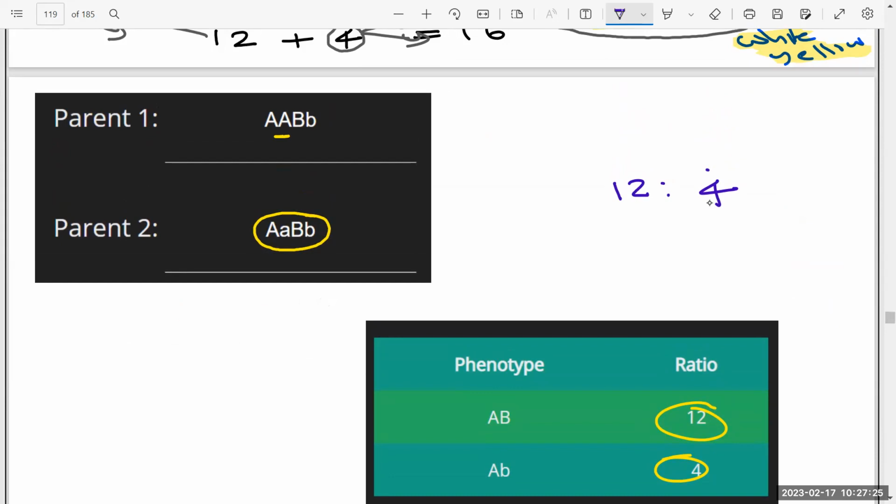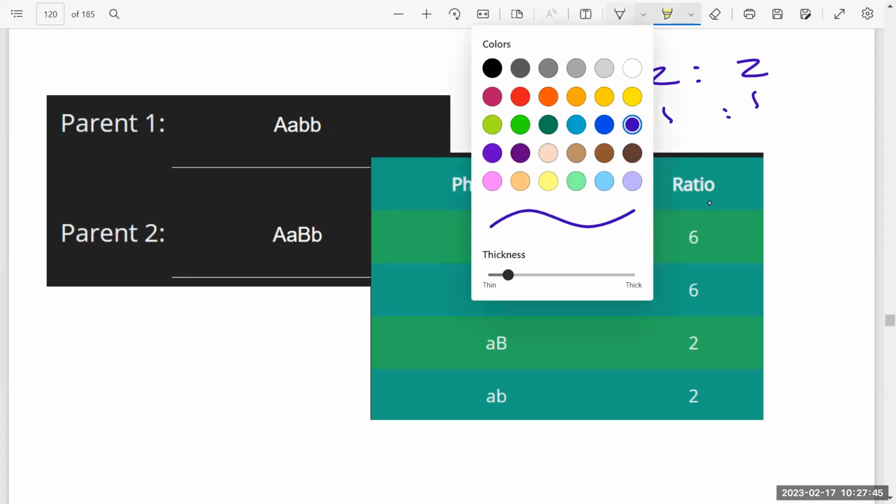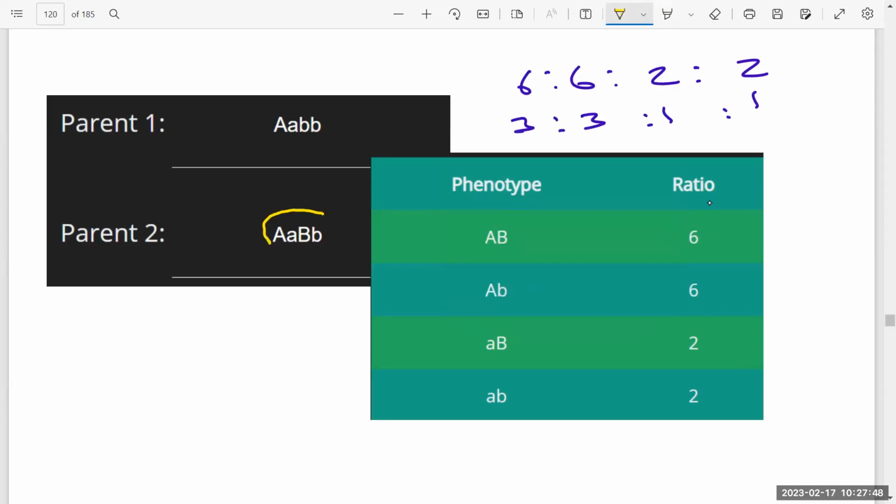And we can also get ratios like this. Second ratios: 6:6:2:2 or 1:1:3:3. In that case, we keep the heterozygous combination like this, and we change here to small b, small b, so this time we take homozygous recessive.